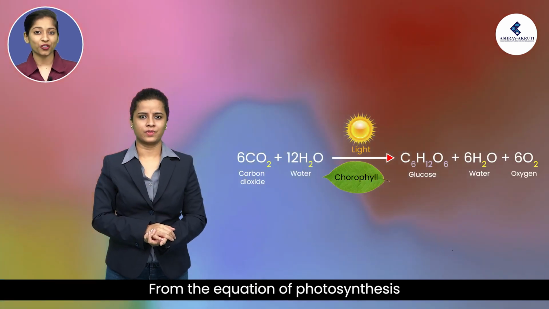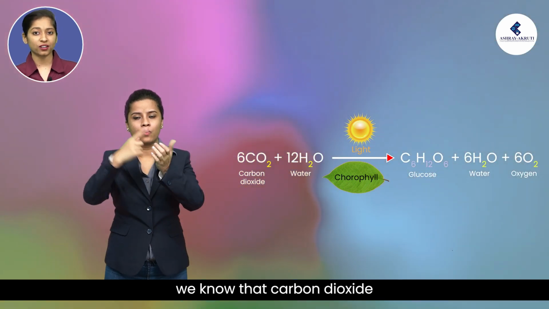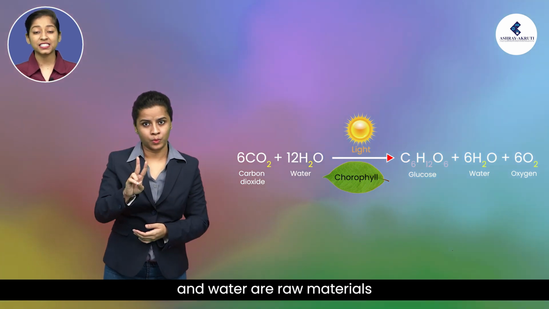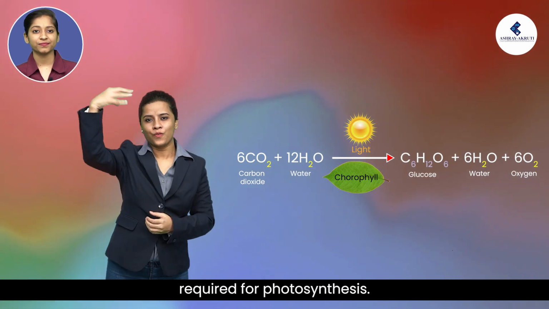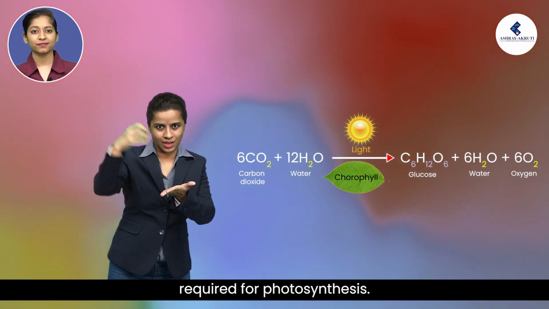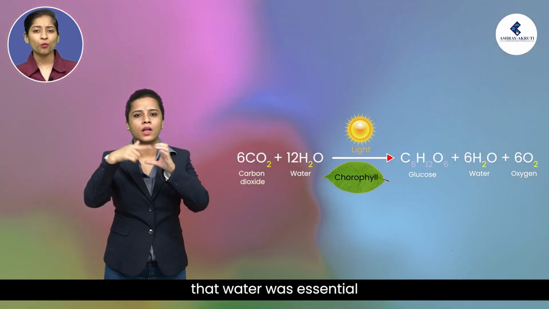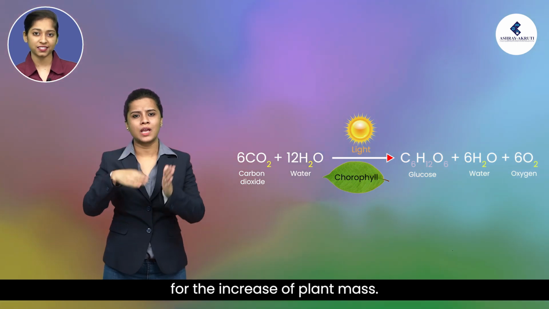From the equation of photosynthesis, we know that carbon dioxide and water are raw materials required for photosynthesis. Van Helmont found that water was essential for the increase of plant mass.